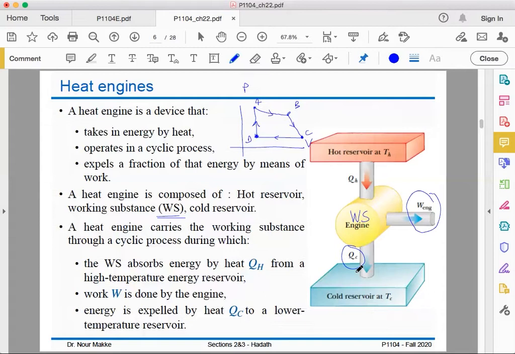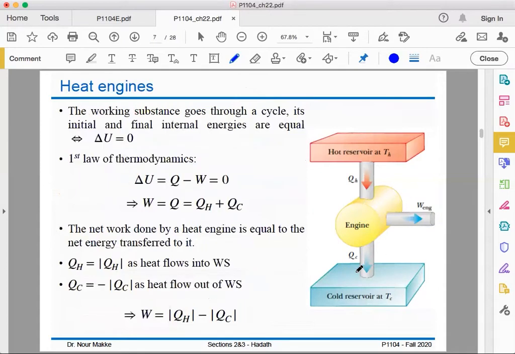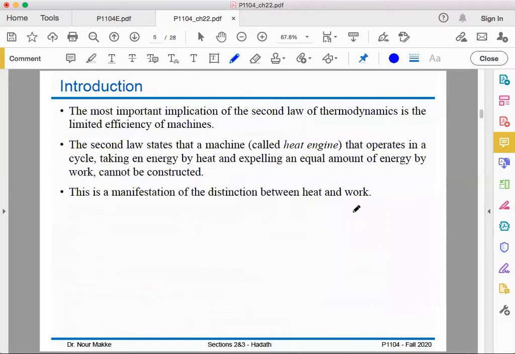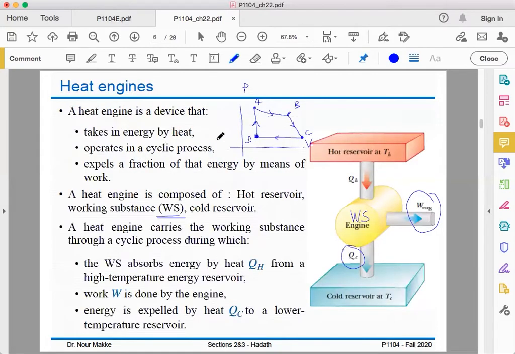So this is from outside, what a heat engine looks like, okay? Now, the point now is we are interested actually to determine the efficiency of this heat engine, because we have said previously that the second law of thermodynamics, one of its manifestations is the limited efficiency of the machine. So we want to show here how much is the efficiency of a given heat engine.